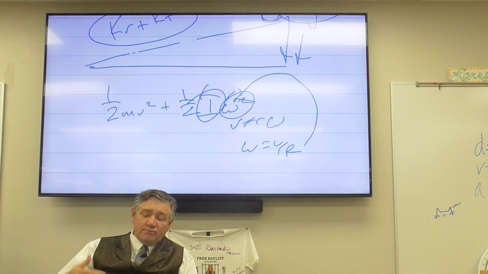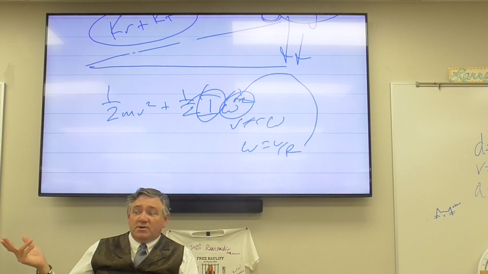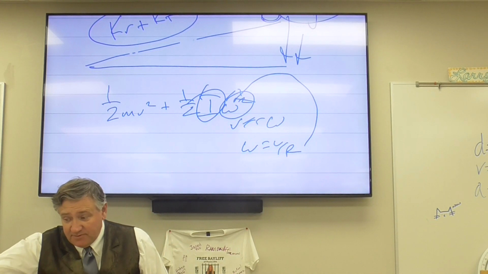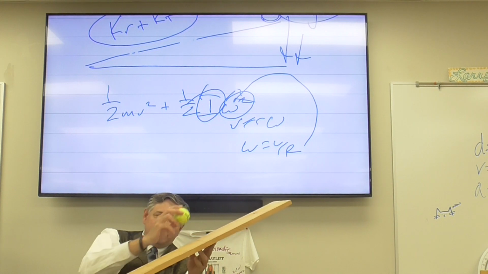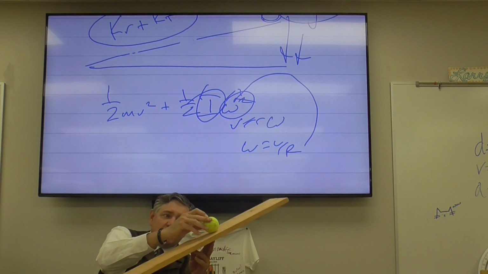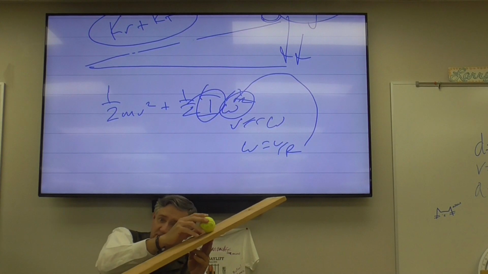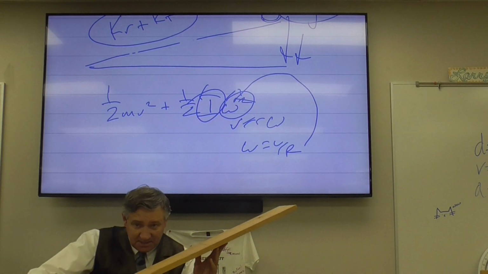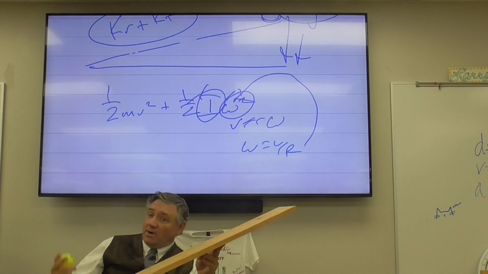So what are you going to measure? Where are you going to measure from? Let me give you a hint. When you're measuring height, are you going to measure from the center of mass of the ball, or from the bottom of the ball? Because it's got to get down here to the bottom. Where are you going to measure from?